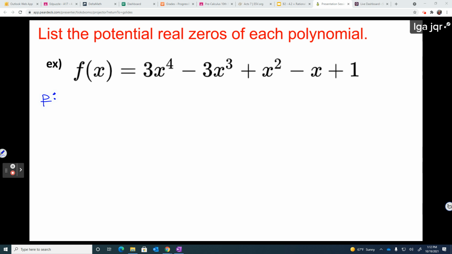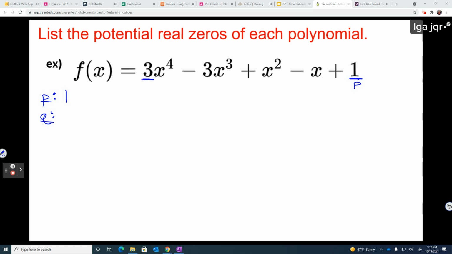Factors of the constant. Yeah, just one. That's it, actually, in this one. We'll start with an easy one. So this gives us our p's right there. And the only factors of one are, well, just 1. That's easy.